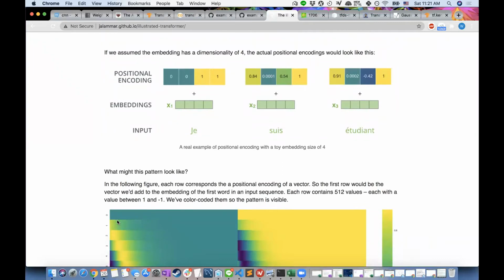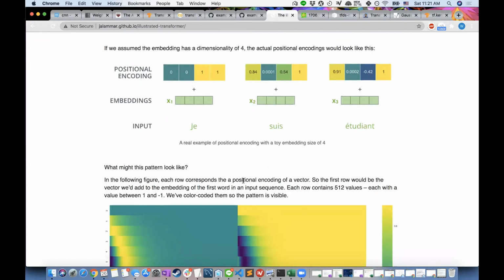In attention, you lose any concept of sequence, so you have to reintroduce it. This helps to do it by stamping the positional sequence on top of the natural embeddings that you get.